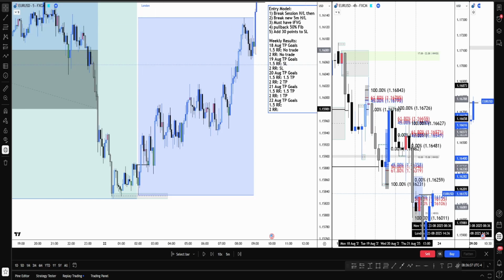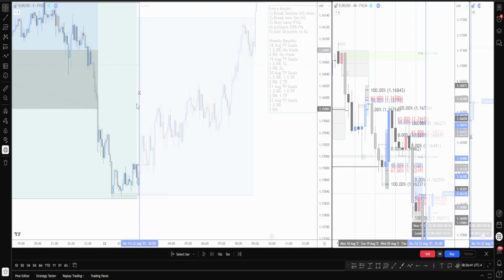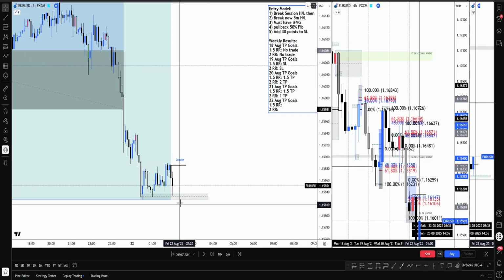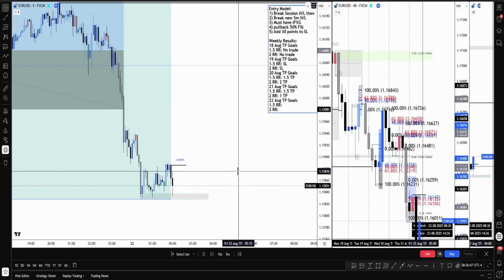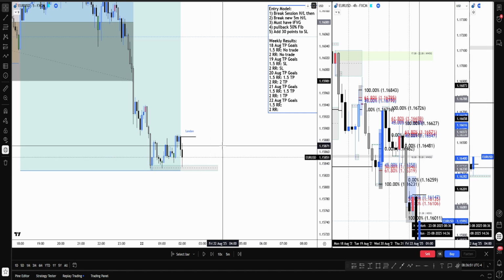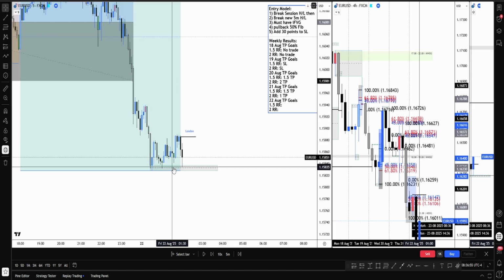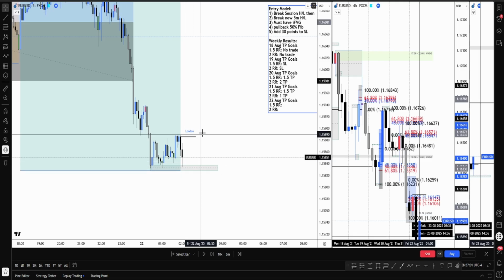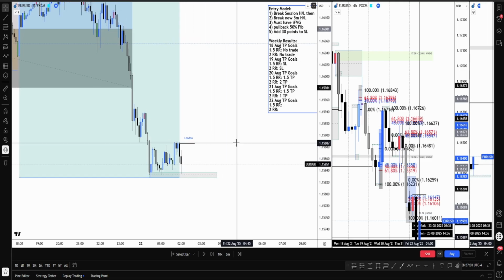guys, when you are here, let me show you something. When you are here, you cannot for certain say that the price is going to go up. You can't. Because the market does whatever it wants. And our sole purpose is to follow what the market gives us. Follow what the market presents to us.